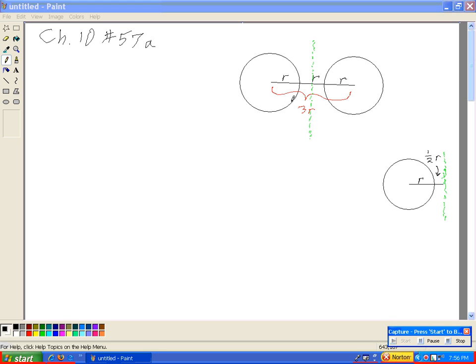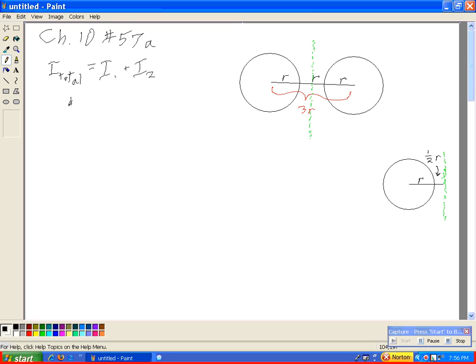So in order to figure out what the total inertia is, we need to find the inertia of this part, which I drew over here, and add that to the inertia of this part, which will be the same thing. So the total inertia will equal inertia 1 plus inertia 2.